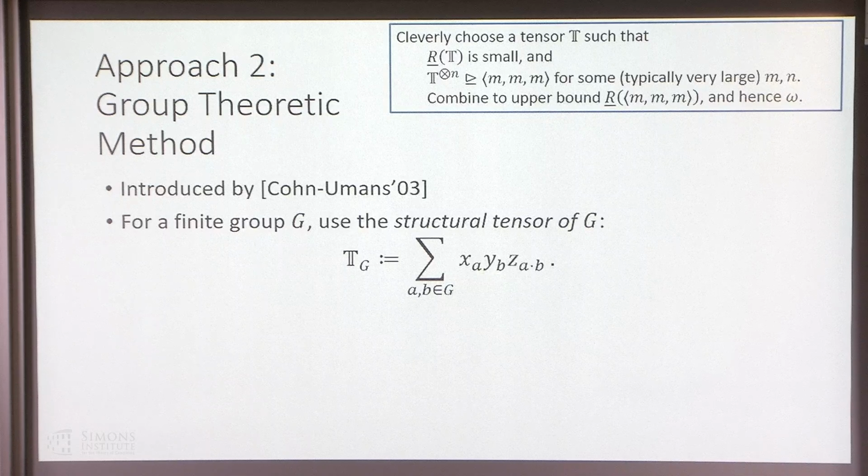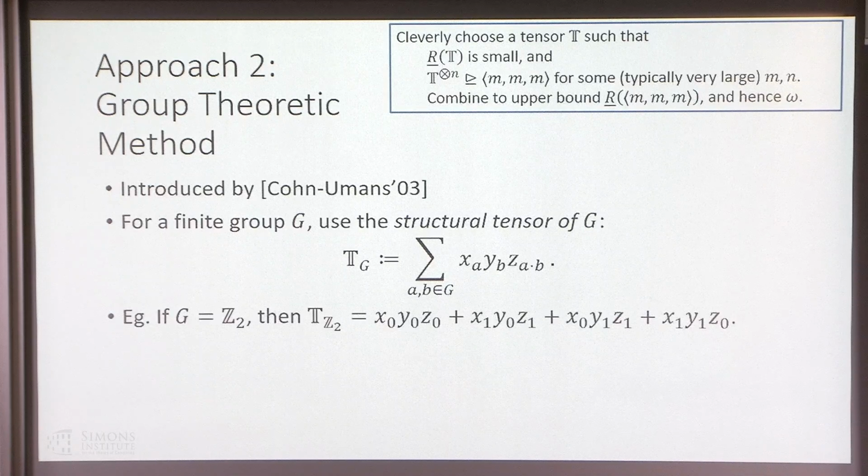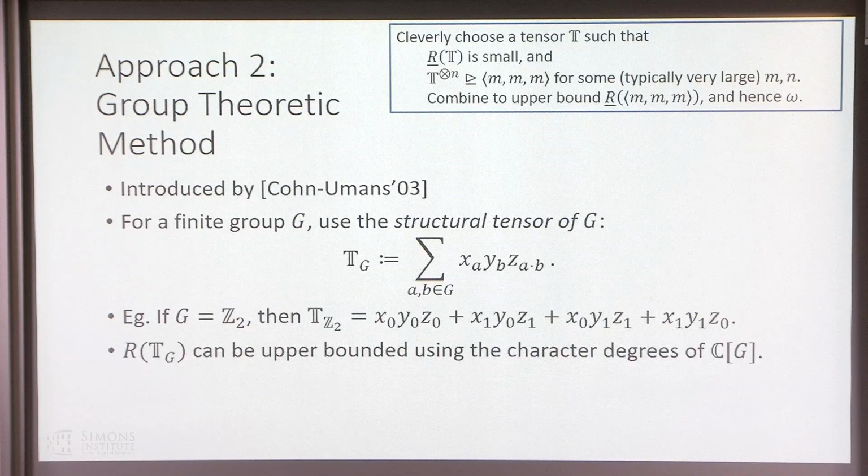All right. So here's a simple example, a very nicely structured tensor for Z_2. And the nice thing is that the rank, border rank, asymptotic rank, is very easily analyzed. It's upper bounded by the character degrees of the group algebras. So you can get a very nice expression for the asymptotic rank.